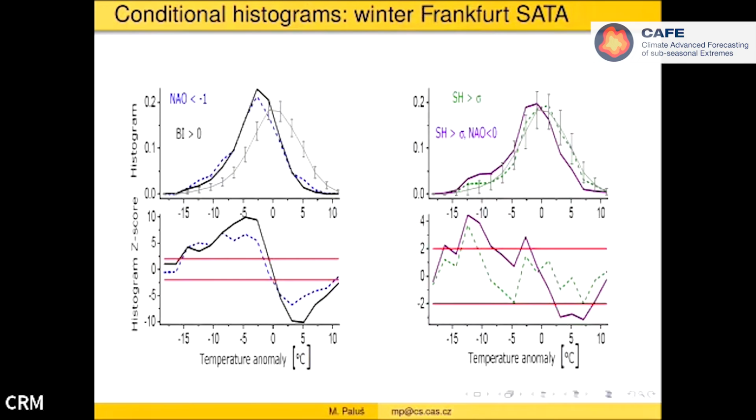So when we look at the histogram, we can see a shift of the histogram for either NAO smaller than -1 in the normalized index or blocking index larger than 0. In both cases, we can see a shift of the histogram to the left, while for this Siberian high, we can see some increase on the tail.